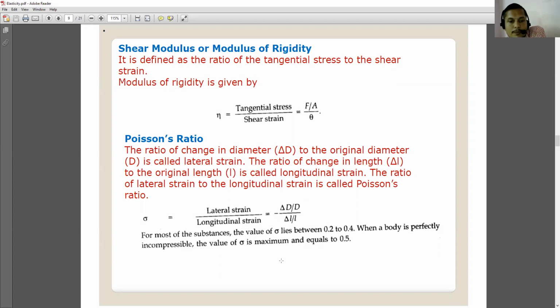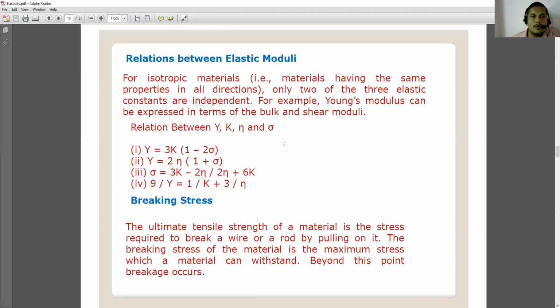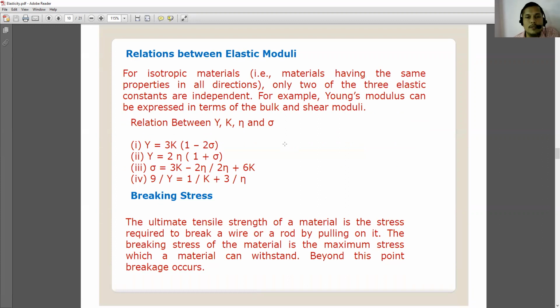For most substances, the value of Poisson's ratio lies between 0.2 to 0.4. When a body is perfectly incompressible, the value of Poisson's ratio is maximum and equal to 0.5. Then the relation between these elastic moduli, so you know these equations, these are the relation between Young's modulus, bulk modulus and modulus of rigidity plus Poisson's ratio.